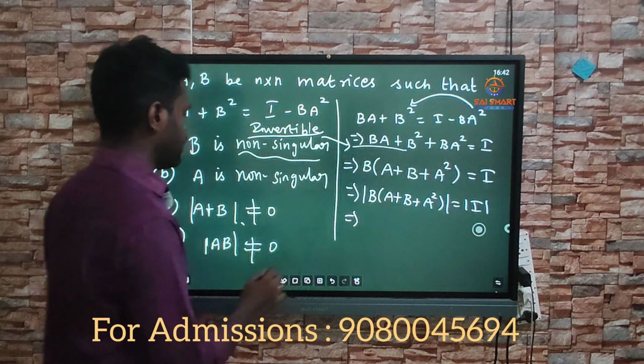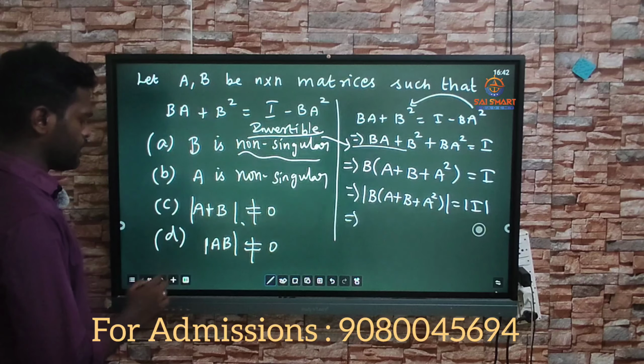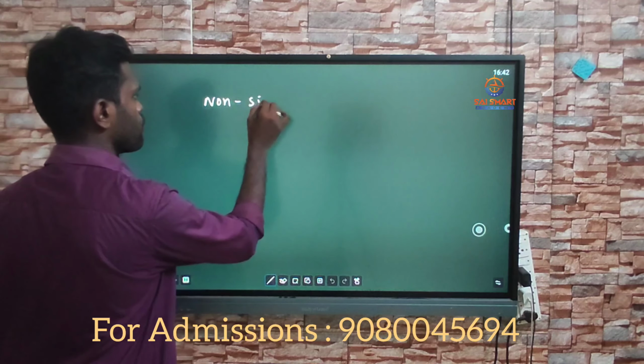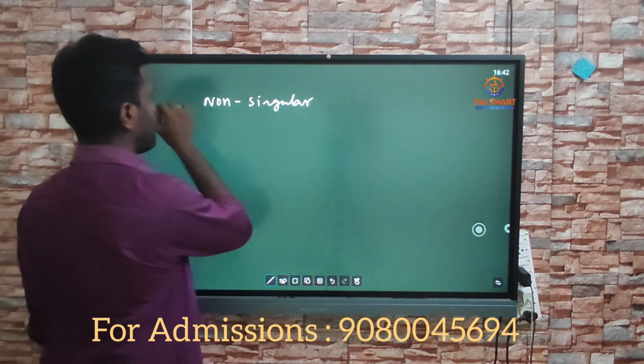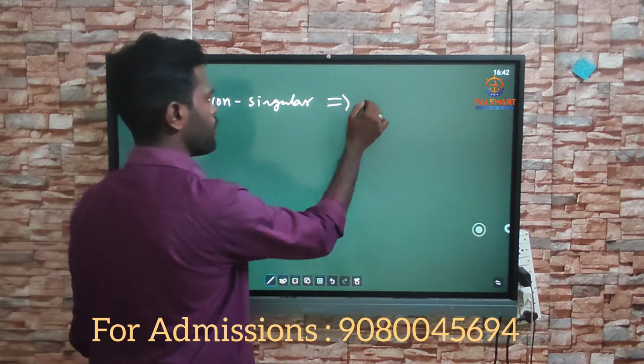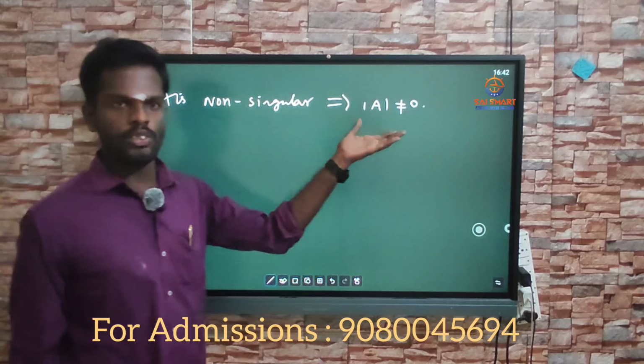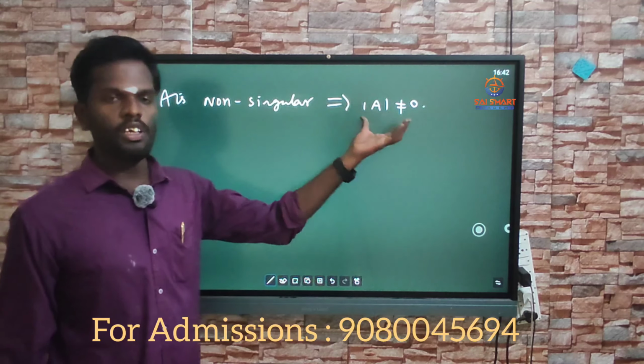Also we know the linearity property. What is the linearity property in the sense? If a matrix A is non-singular, then the determinant must be non-zero. This is a usual fact which we learned from school level as well. If A is non-singular, determinant of A must be non-zero.